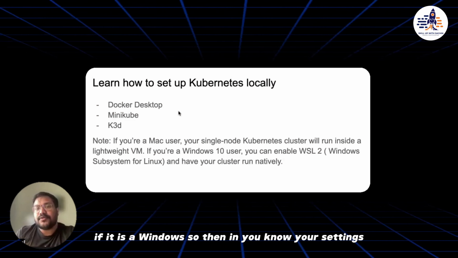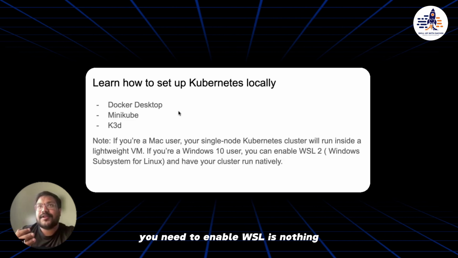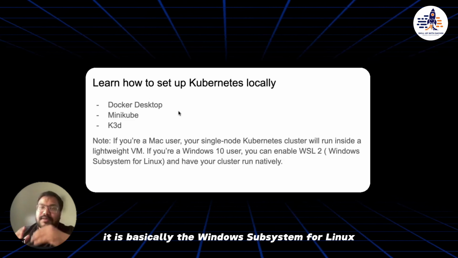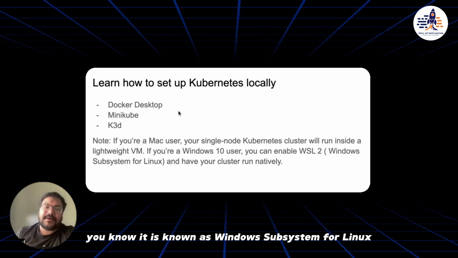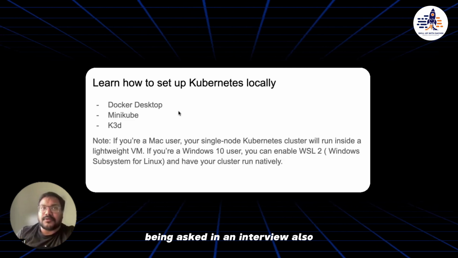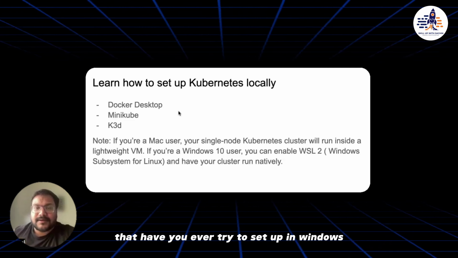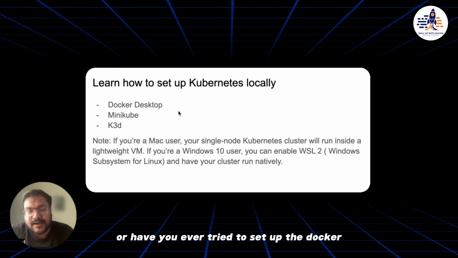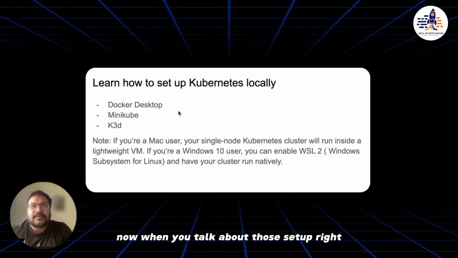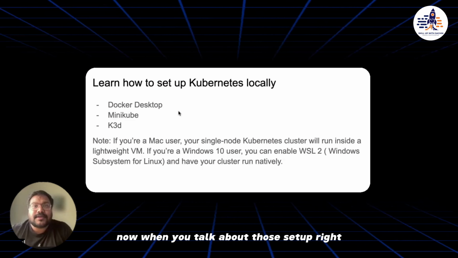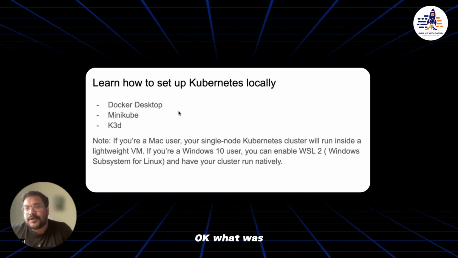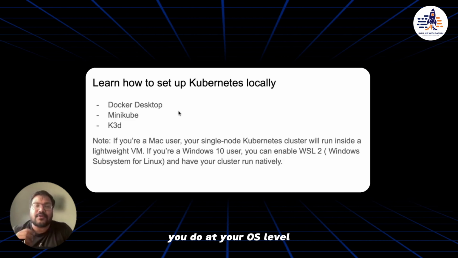However, if it is Windows, then in your settings you need to enable WSL. WSL is the Windows Subsystem for Linux, and this is sometimes asked in interviews: have you ever tried to set up Kubernetes or Docker on a Windows machine? Then they ask what configuration change you make at the OS level.